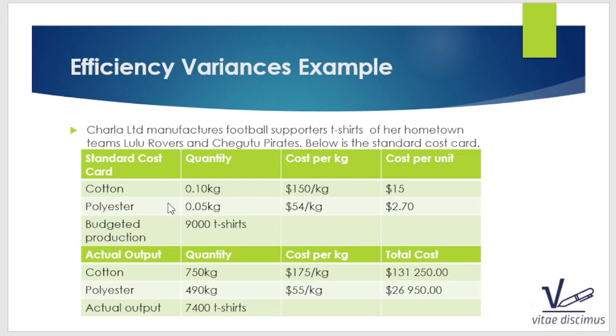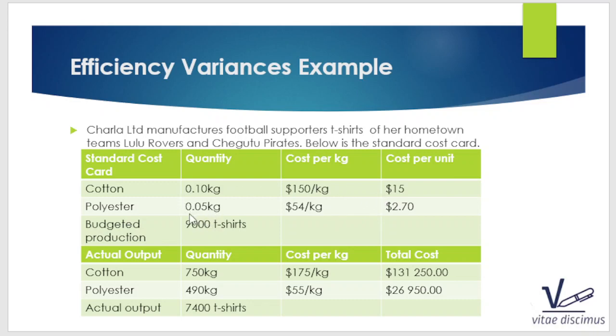Cotton used in the production process is 0.10 kilos, which is 100 grams, and each kilo costs $150. So each t-shirt is supposed to cost $15 in terms of cotton material.